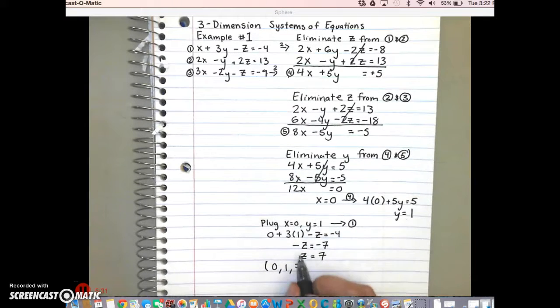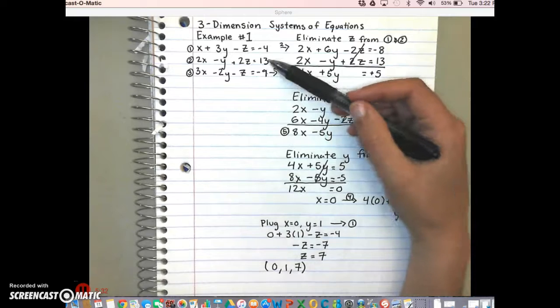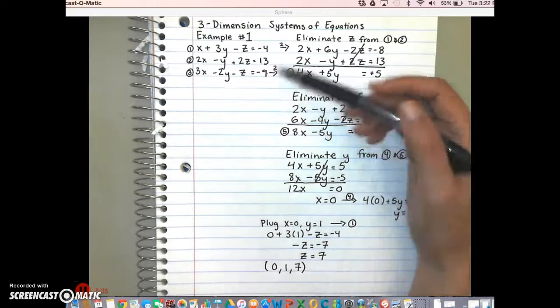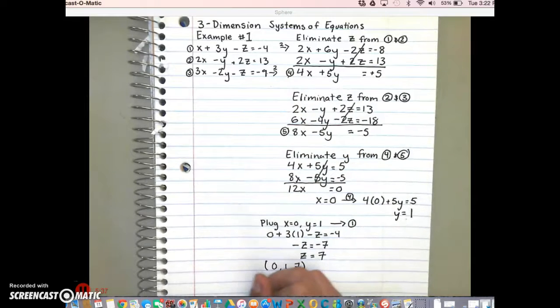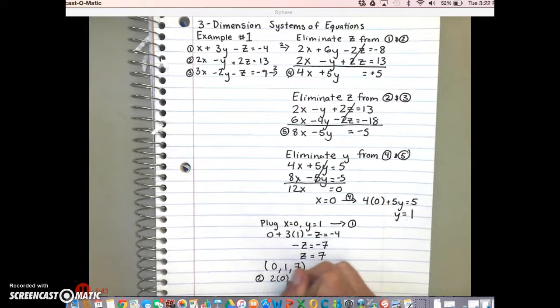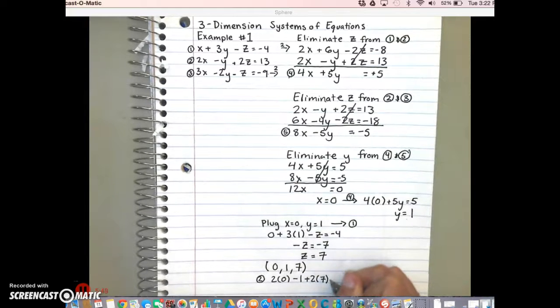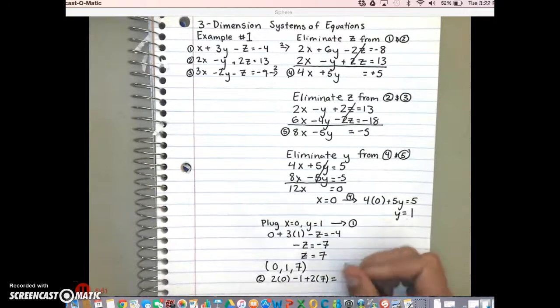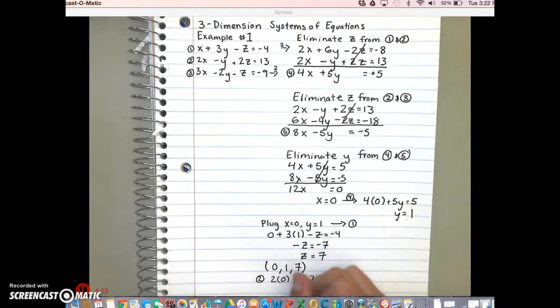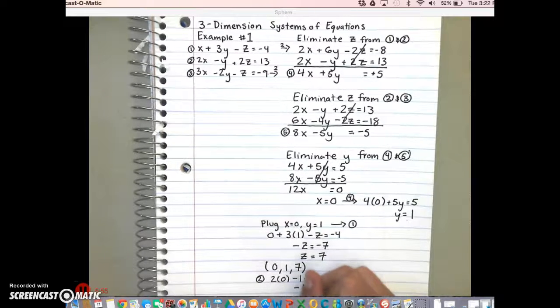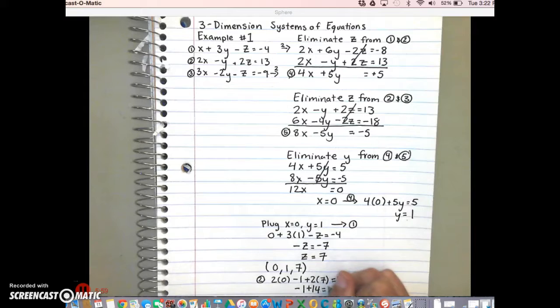I need to check my answers in these two equations that I did not use already. So I need to make sure that it works in equation 2. That's 2 times 0 minus 1 plus 2 times 7 equals 13. This one checks out because I have negative 1 plus 14 equals 13.